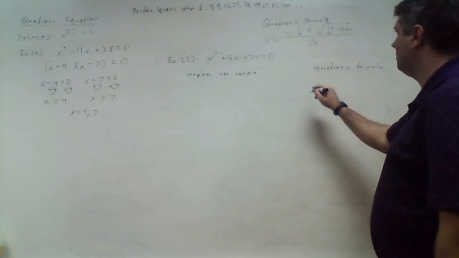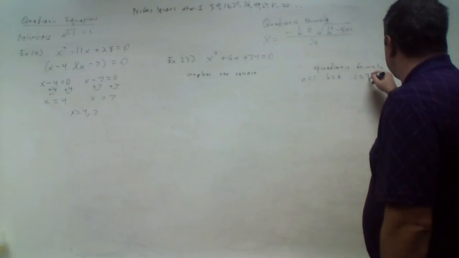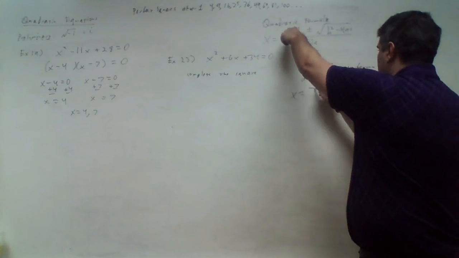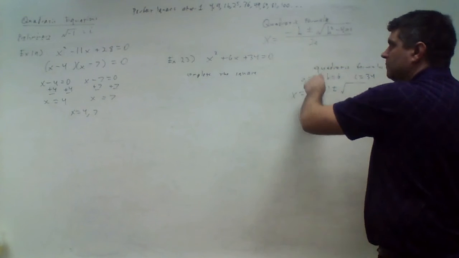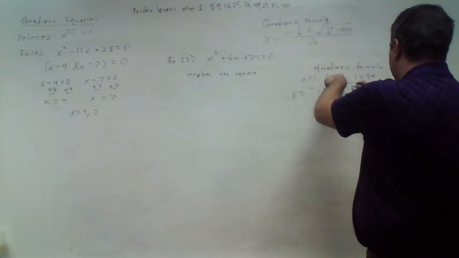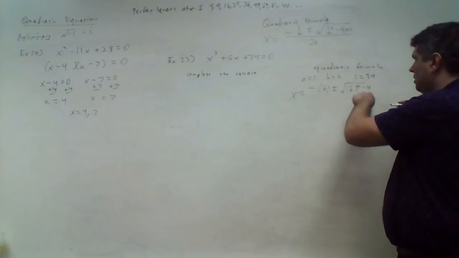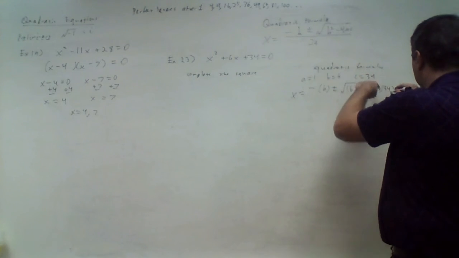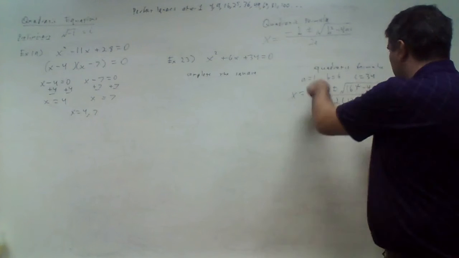Okay, so a is 1, b is 6, c is 34. x equals negative 6 plus or minus the square root of 6 squared minus 4 times the 1 times the 34, all over 2 times the 1.